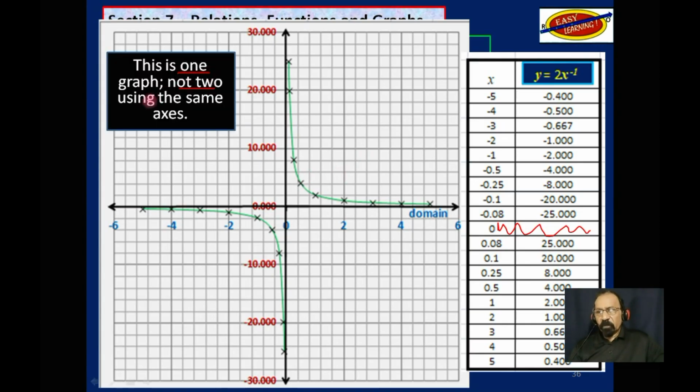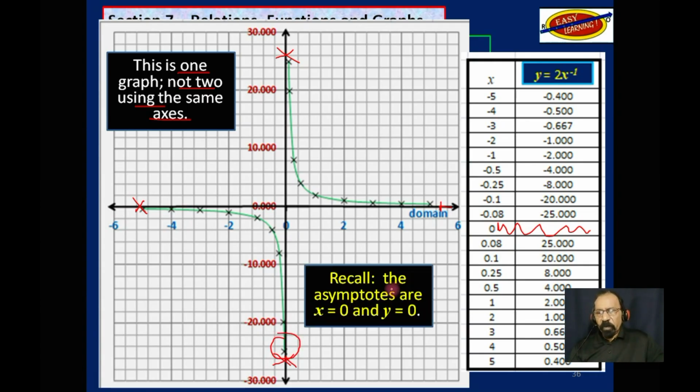Now remember, this is one graph, not two graphs on the same axis. You could see the graph is approaching the x-axis, but it's not really touching it there and there. It will never touch it. And also on this side, it is approaching the y-axis there and there. And don't be deceived by the looks here. It is actually never touching it.